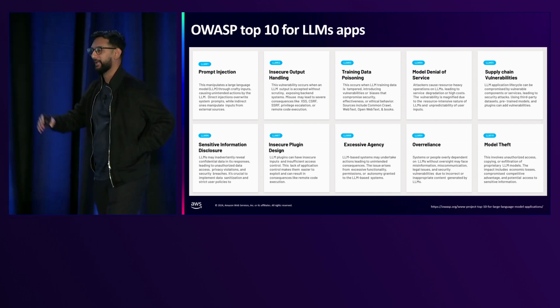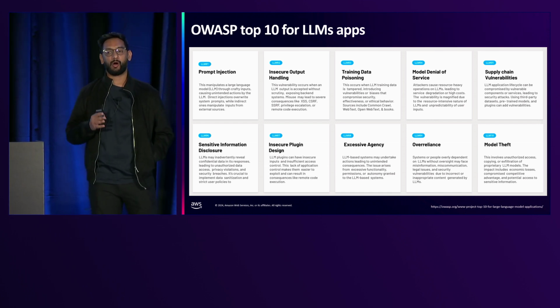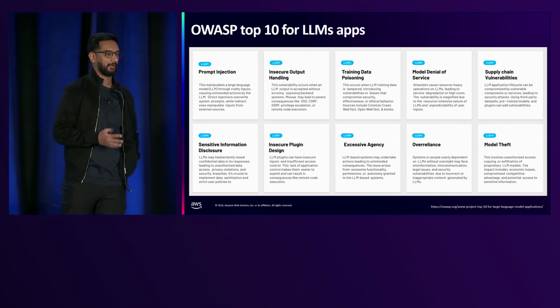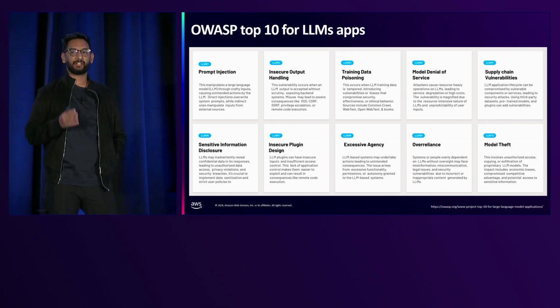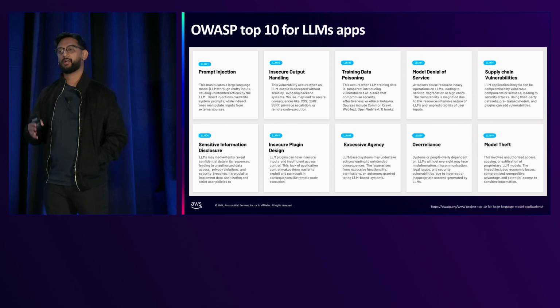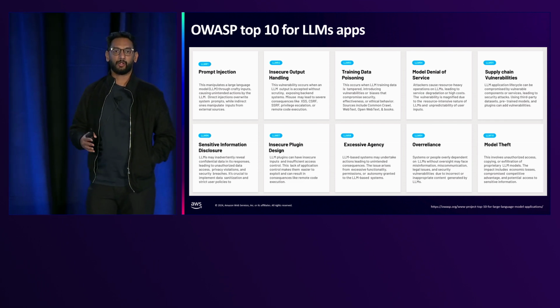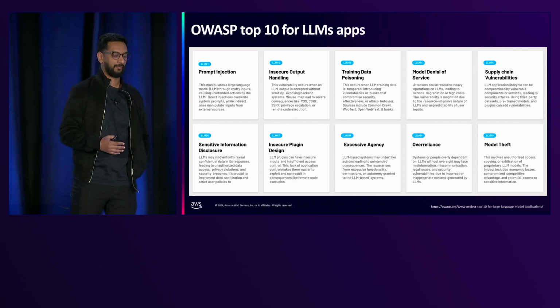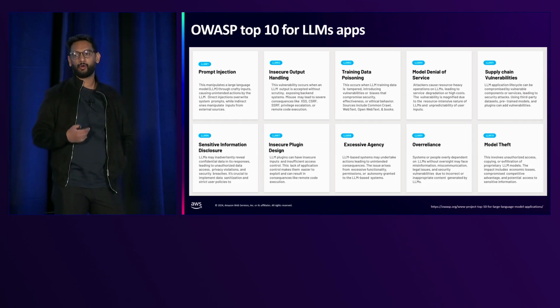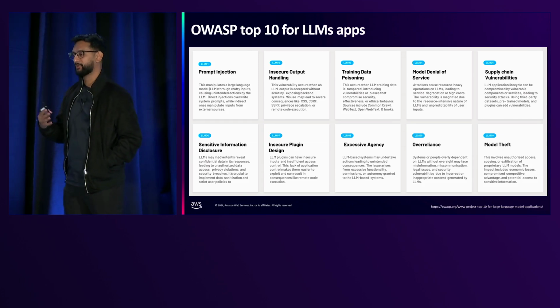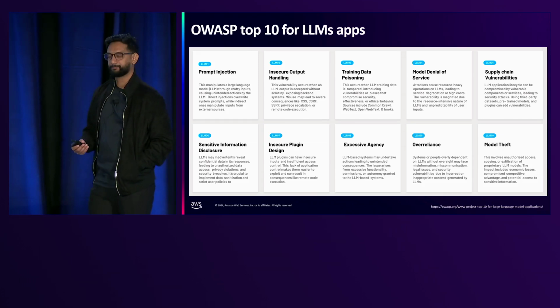The first set is concentrated more on input and output response security. What that means is ensuring that users are not gaming the model to take advantage of exfiltrating data or running some sort of arbitrary code execution.